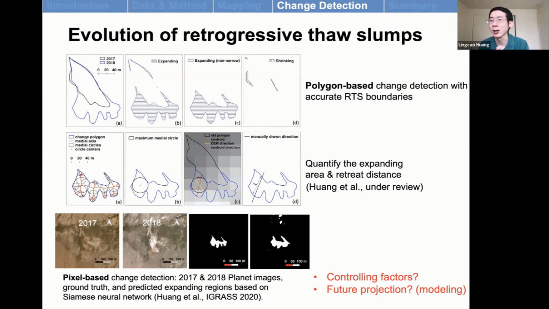If humans cannot see the thermokarst from the images, then we cannot use those images. But in some cases there is only a very thick layer of snow, sometimes they have snow, but we can still see this landform. Then we can still identify the RTS and other related thermokarst landforms.